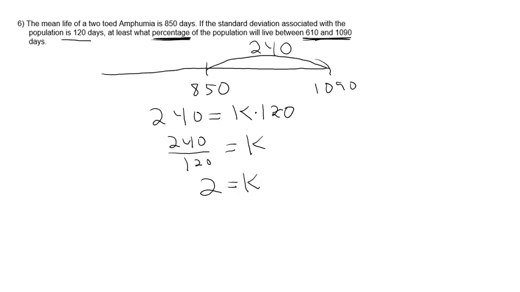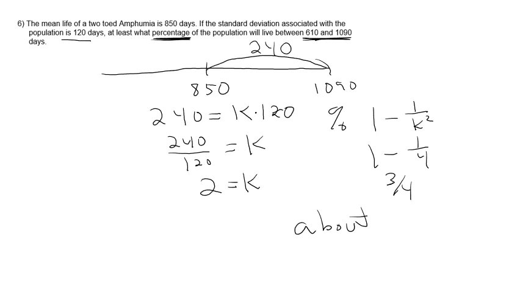Now, this is not the empirical rule, so our percentage is going to be at least 1 minus 1 over k squared. Plug in 2 into the problem, 1 minus 1 over 4, which is 3/4, or you can say at least 75%. So it's going to be at least 75% of all the population will be between 610 and 1090.